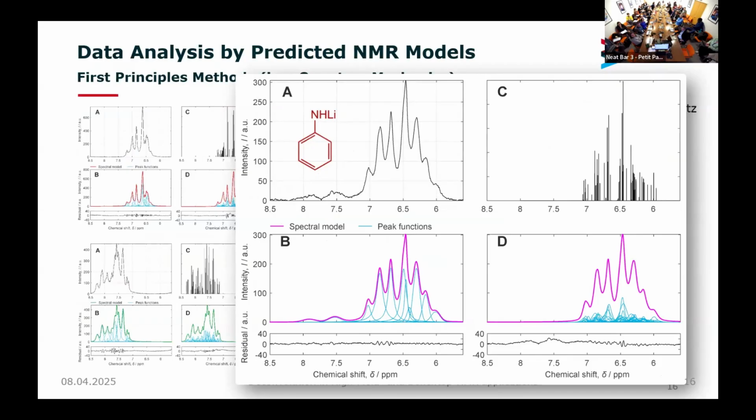It would be possible, because that is basically what we are also trying to do with indirect hard modeling in these reaction monitoring approaches, because we want it to be more flexible. NMR as a process analytical tool is very flexible when it comes to different reactions on the same setup, for example.